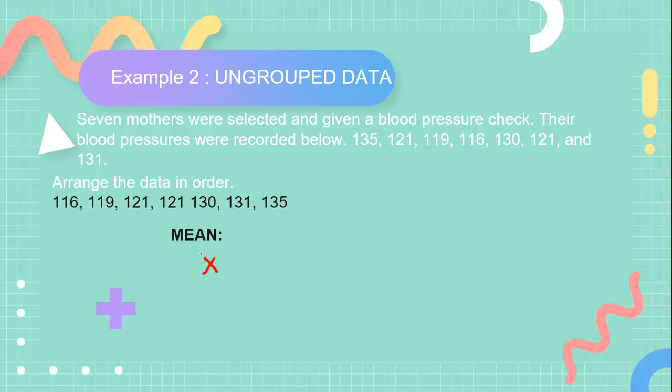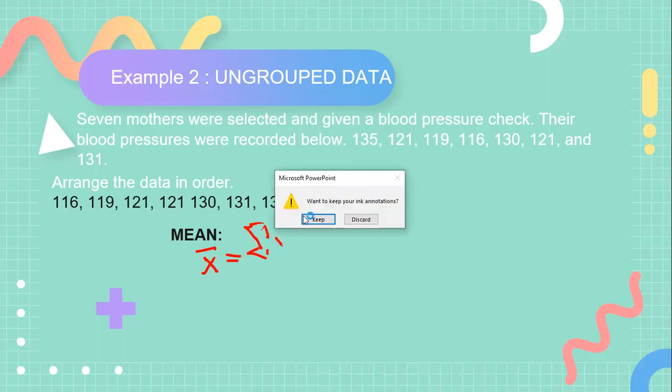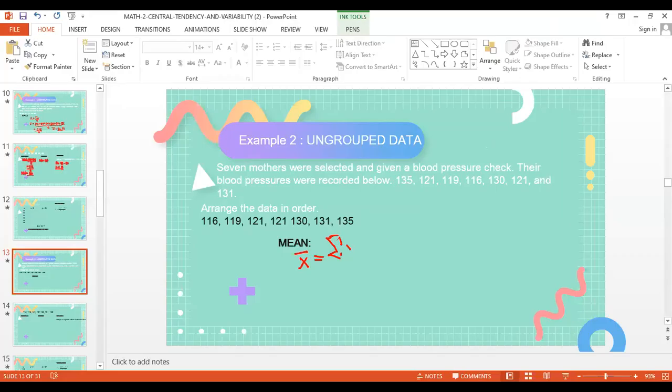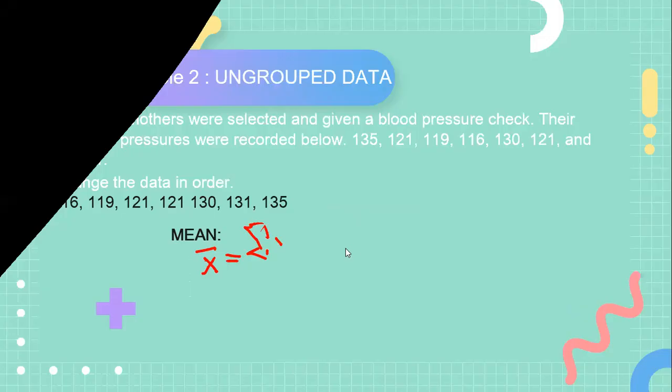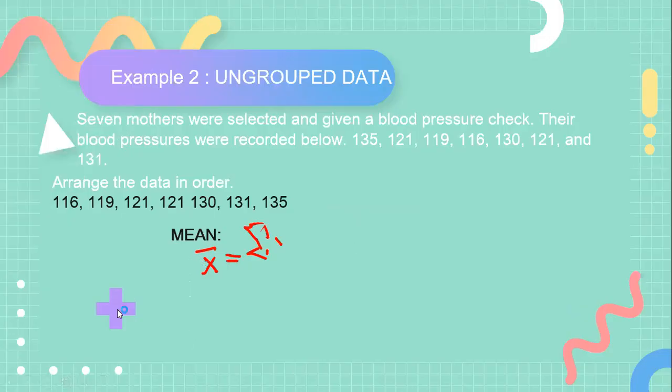So our formula for the mean is x bar is equal to the summation of x divided by the small letter n. So we substitute our data.